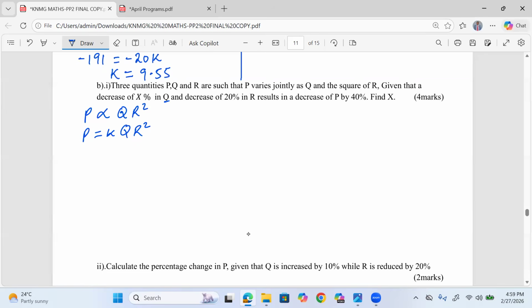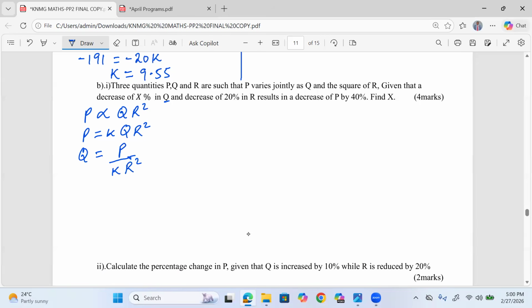If Q is made the subject, then Q equals P divided by the constant and R squared. We are already having P, so we need to bring the constant and R to be the divisors there.